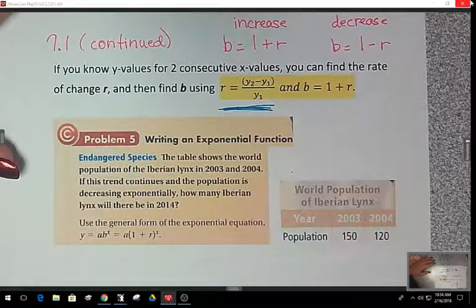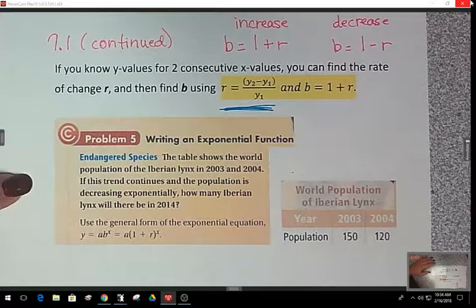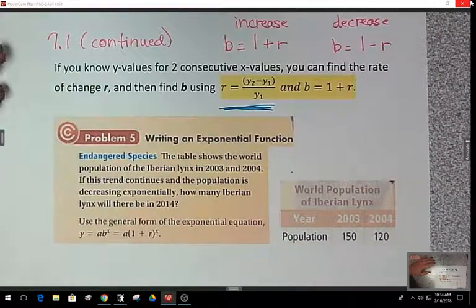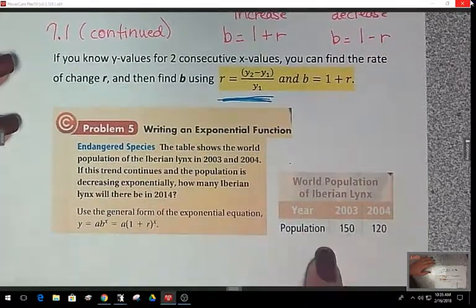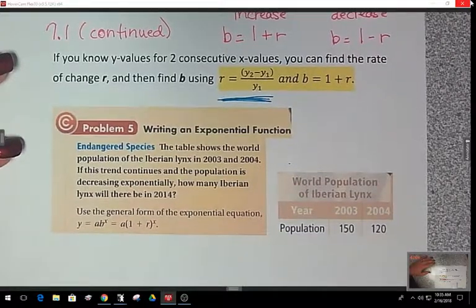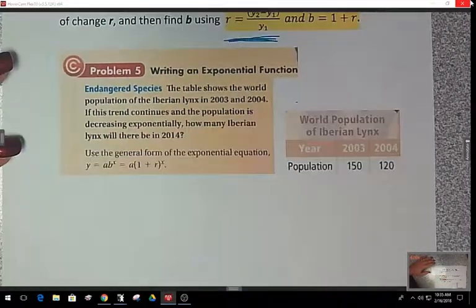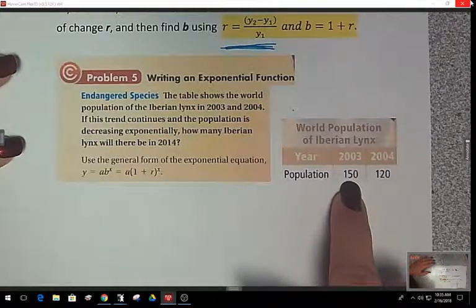And we're going to use that formula in this problem about endangered species. And this problem is kind of a neat little problem. The table here at the right gives us the population for an Iberian lynx in 2003 and 2004. So if you'll notice, in 2003 there were only 150 worldwide.